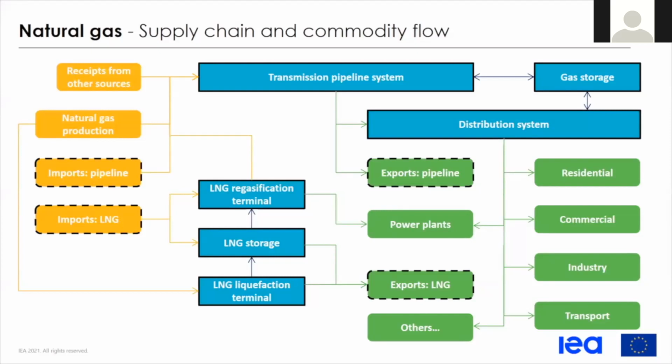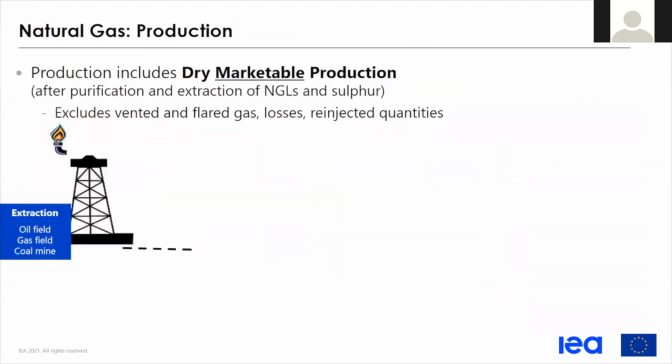Now, let's discuss again the production of natural gas. As a reminder, in our methodology, we measure the production once the products are in marketable state. This is once we have subtracted all the impurities and the quantities of natural gas flared or re-injected. Re-injected quantities often occur in an oil field with associated natural gas.